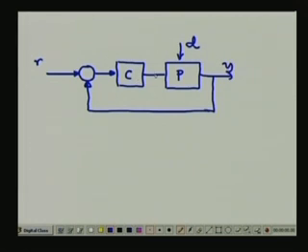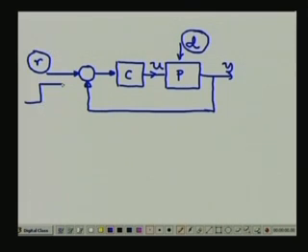So the controller basically calculates this U, which is the control input, to take care of basically variations in either R or D. So if R is changing, then it needs to adjust U so that Y becomes close to R. Now we see that this controller does well, because if R changes from this level to this level, let us say, then immediately the error will also jump from this level to this level.